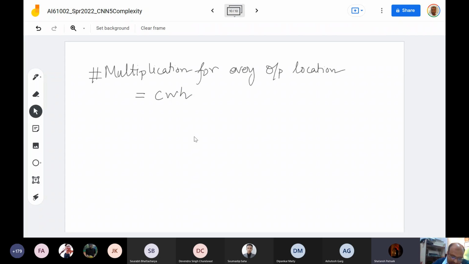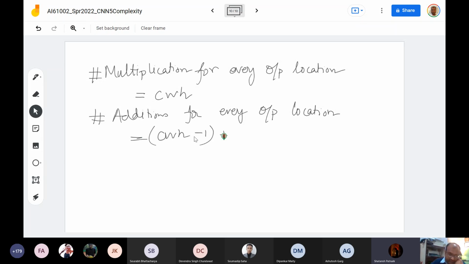Now each of these elements are multiplied by each other and then you have them added to each other. So the number of additions for every output location is again CWH. It will be CWH minus 1 additions in order to add CWH number of elements, plus you will have another addition because of the bias, and together this makes it CWH number of additions.